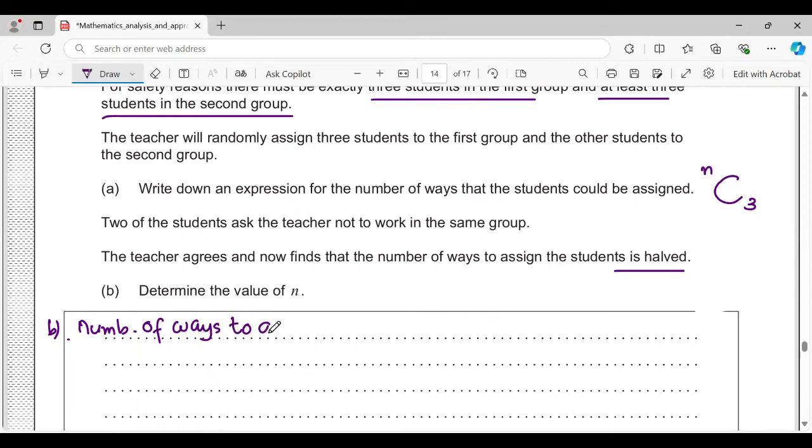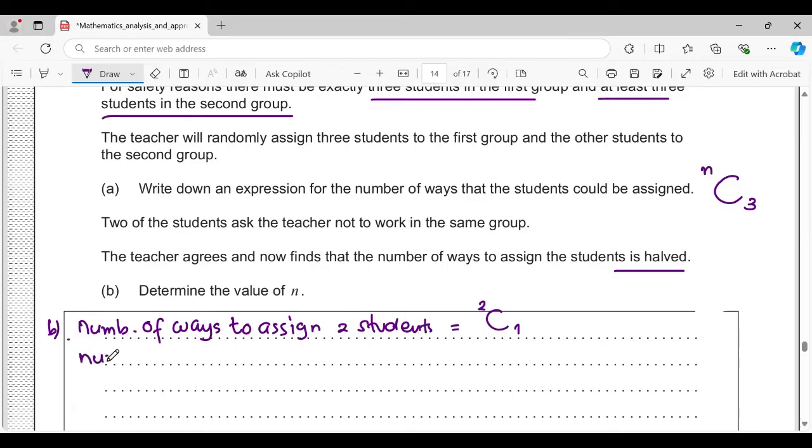Number of ways to assign two students. It is combination 2 with ratio 1.